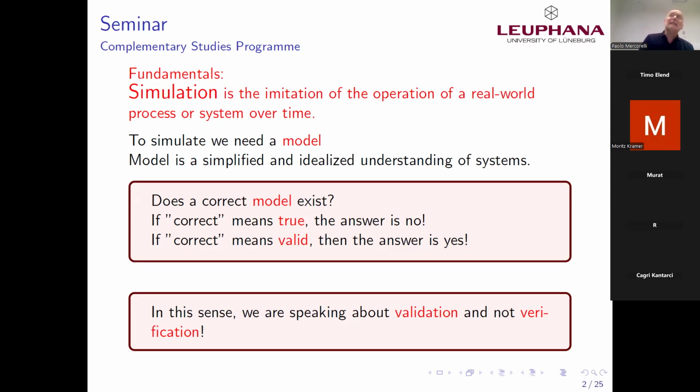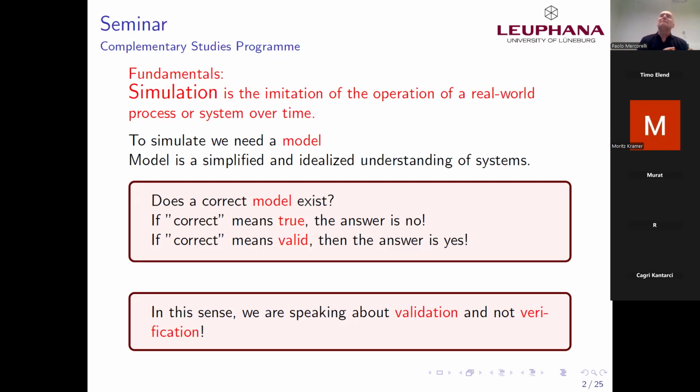Look here. A model is a simplified and idealized understanding of systems. I don't know if this clarifies, because I'm always using the same wording, but this is the price that we have to pay in order to avoid a formal definition.